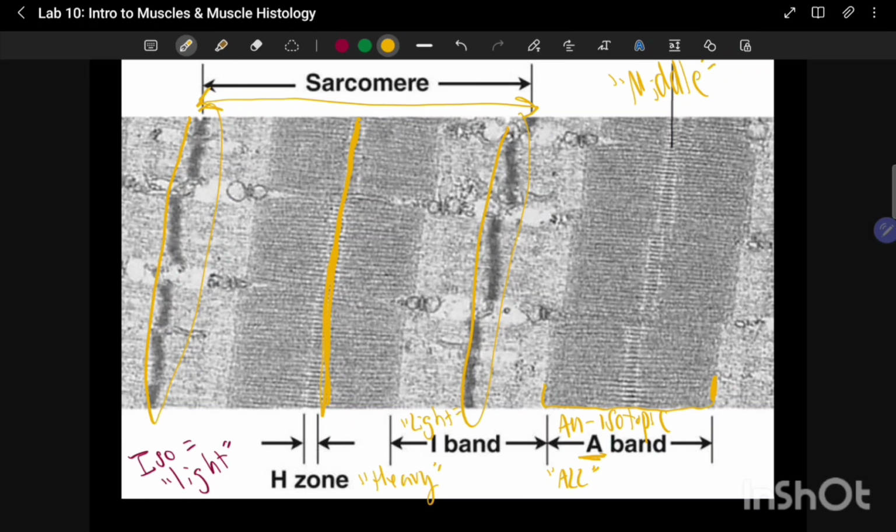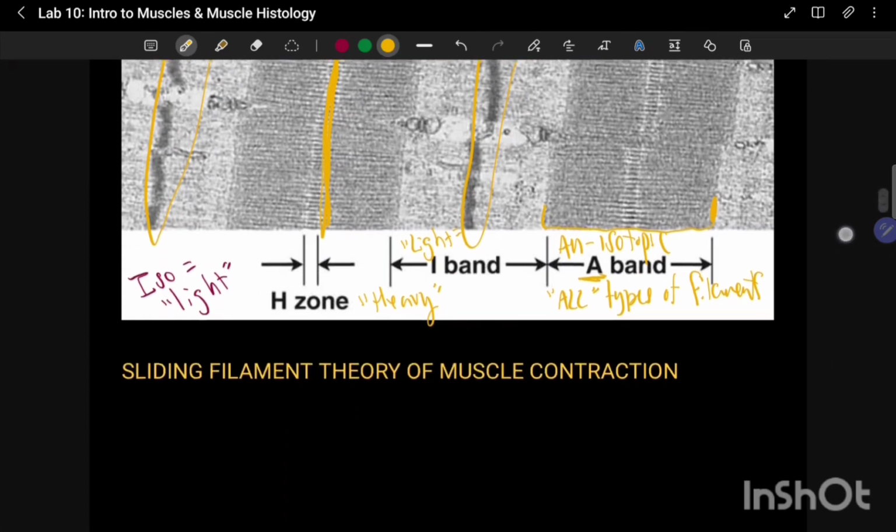It's also going to have the lighter molecule, actin only. H zone is that heavy zone. It's just myosin. And then our A band, we have all types of filaments. A for anisotropic and all types of filaments. So those are just some cues that I used to help me learn this tissue.